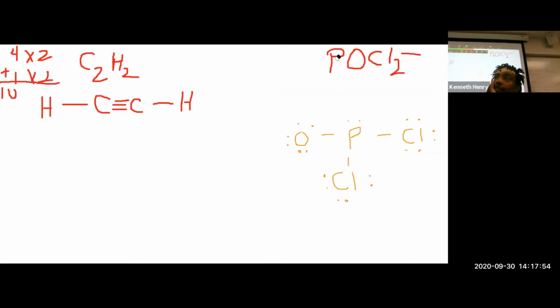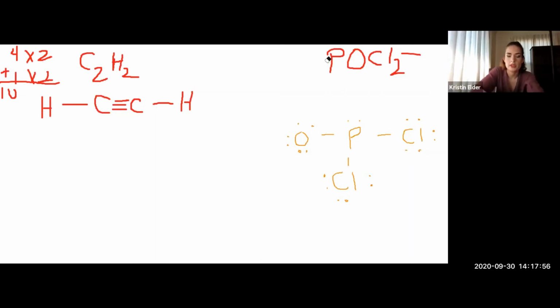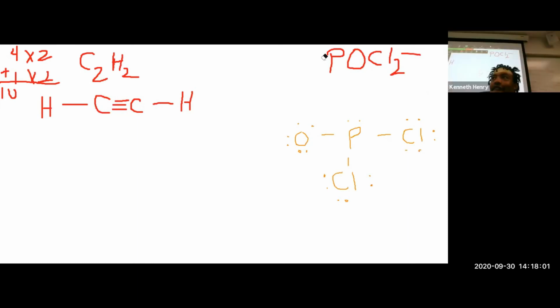For instance, phosphorus has 1, 2, 3, 4, 5 valence electrons, and oxygen has 6 valence electrons, so that's 1, 2, 3, 4, 5, 6 around it. And then that extra one is being added to make that bond. So we've already added it around that center atom.